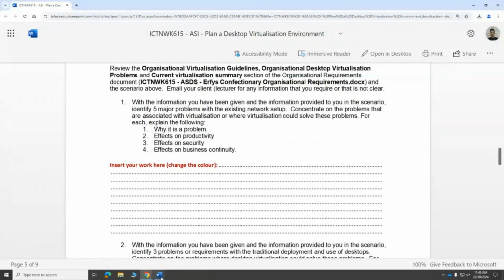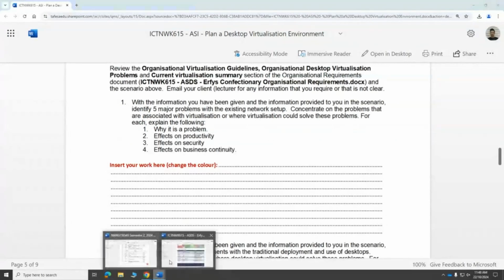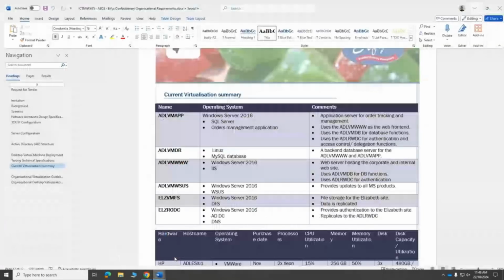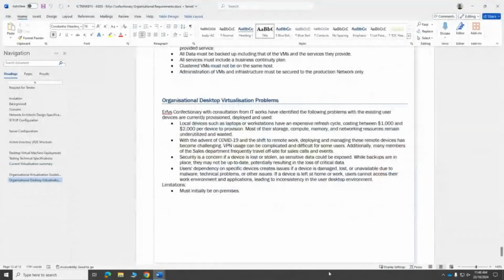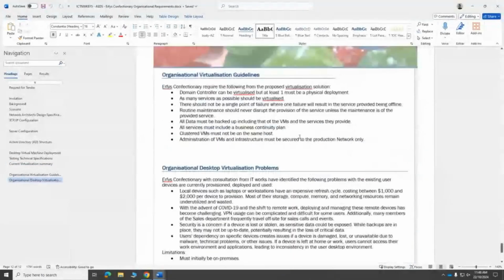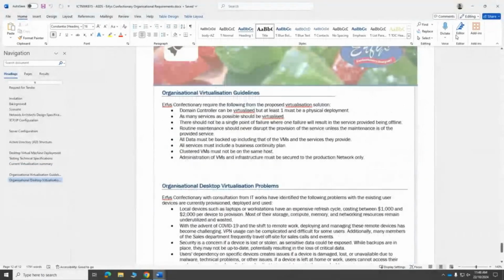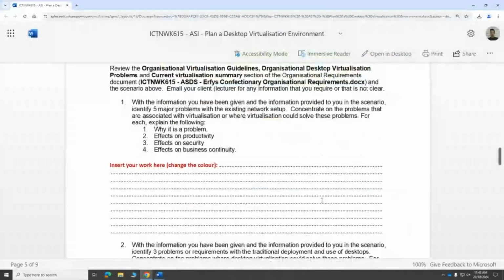So again, that goes back to these issues here, isn't it? These are some, and you can maybe think of a few others. But the key thing is you've got to explain why it is a problem. The effects on productivity, so people being able to do their work.